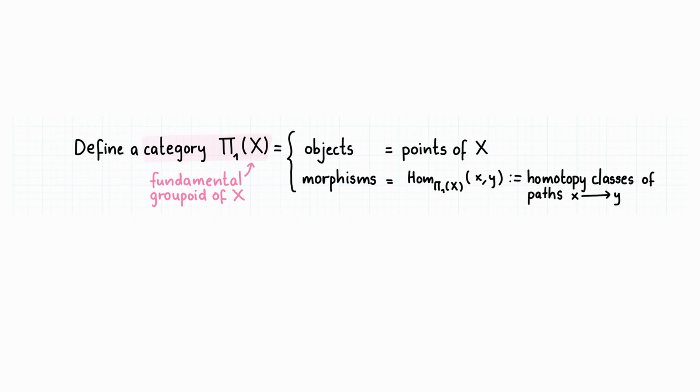If you look at the isomorphism classes of the objects, that gives back the path components. So this category has more information encoded in it, and the language of categories just gave us a better way of packaging all of this information.